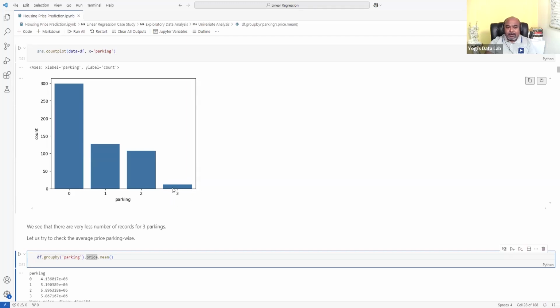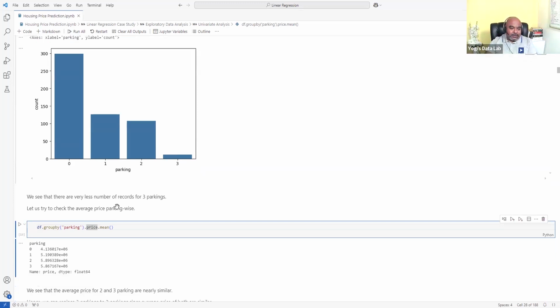So maybe, is it possible that I can merge 3 parking with any of these values? If I can, but before I merge them, I need to check statistically if the contribution towards the target variable is similar for any of the other values, which is for 3 parking as well.